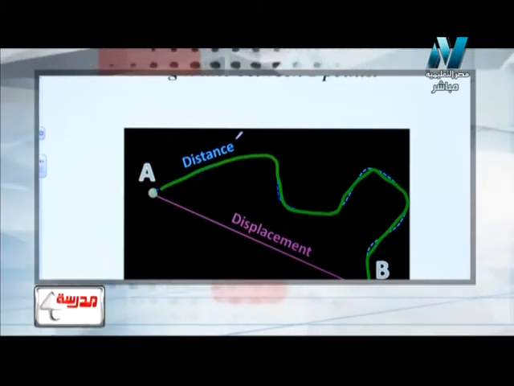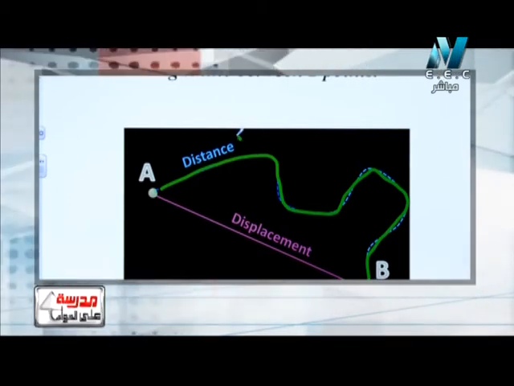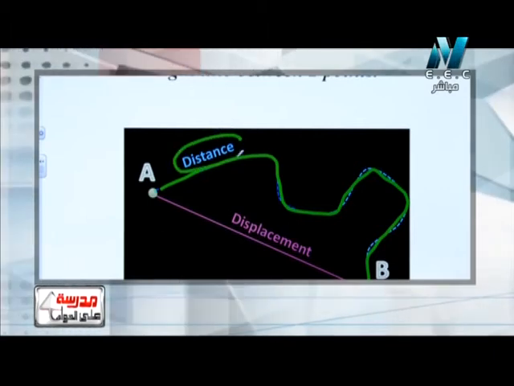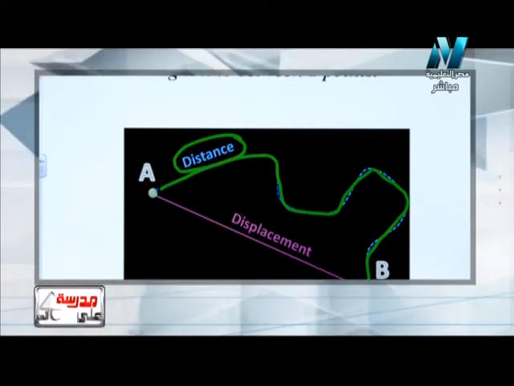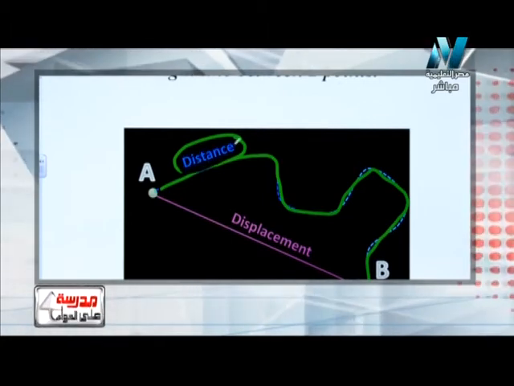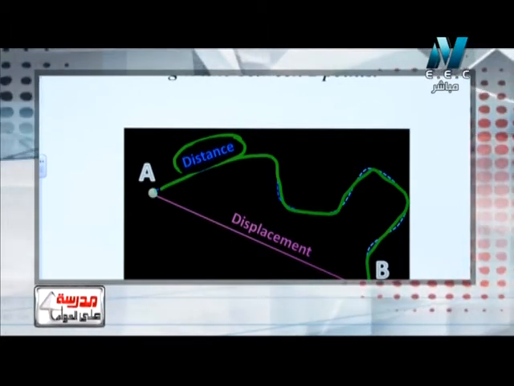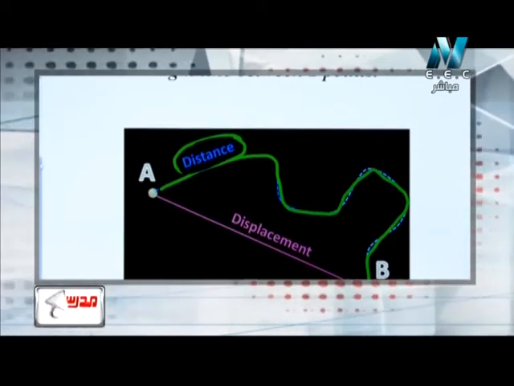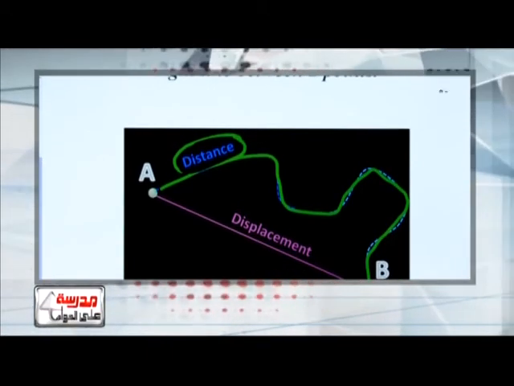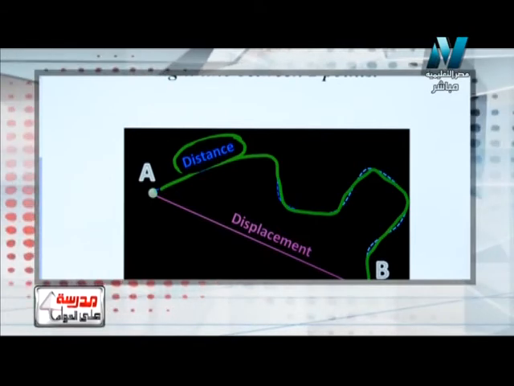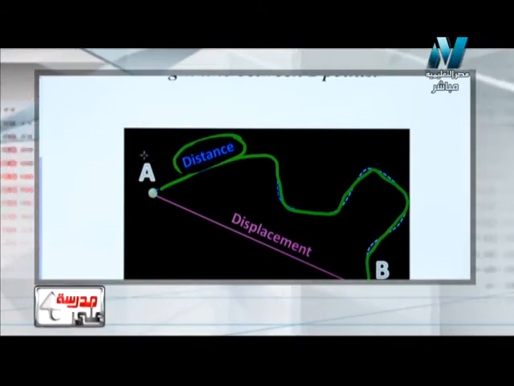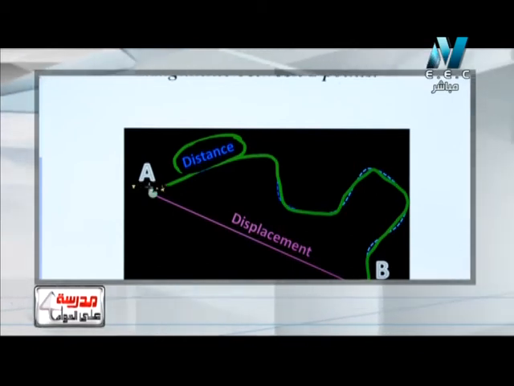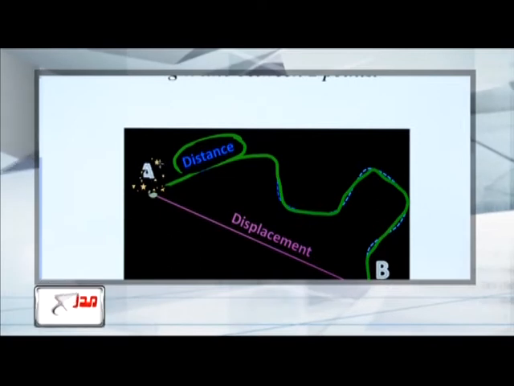So the actual length between the 2 points here, we have what? We have distance. So we identify distance as the actual length between the 2 points, the starting point and the ending point. Where is the starting point? Starting point is point A here, as we see in front of us, point A as a starting point. Where is the ending point?